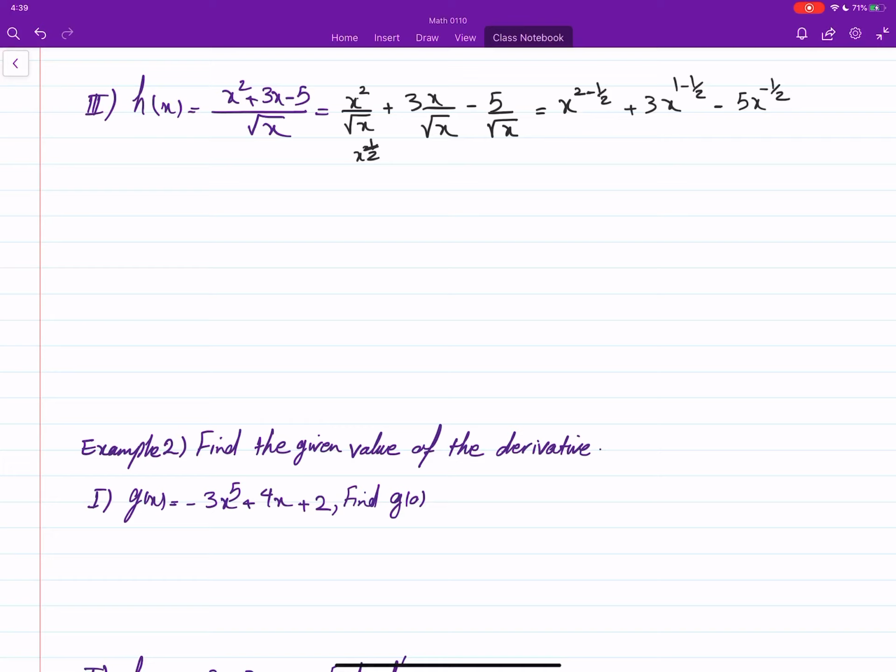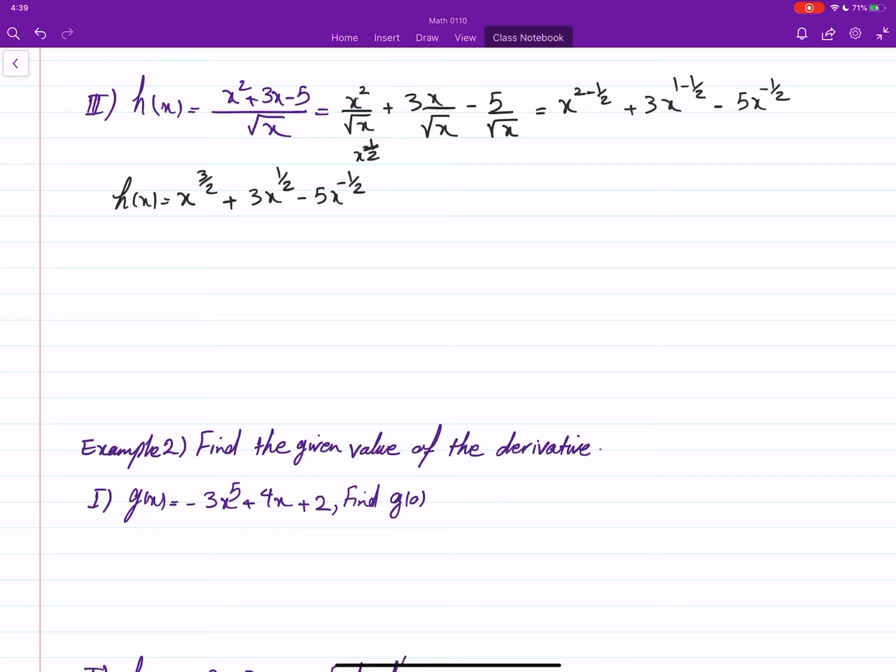I'm not doing differentiation so far. I'm just rewriting function h of x as x to the power 3 over 2 plus 3x to the power 1 over 2 minus 5x to the power negative 1 over 2.